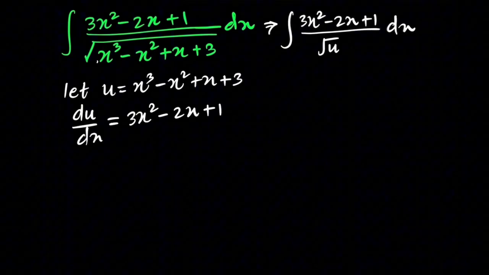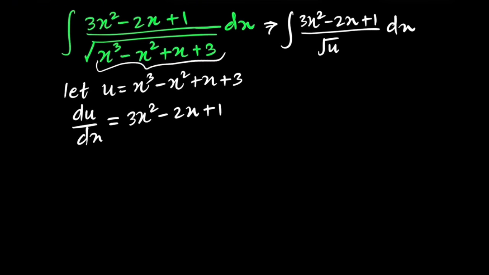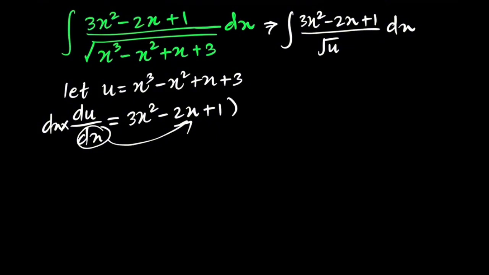Now you might have noticed that when I'm differentiating what is inside the square root, I'm able to get this one. That is the reason why I have substituted this part equals u. Now take this dx to the other side by multiplying dx on both sides. So times dx and this side also times dx.